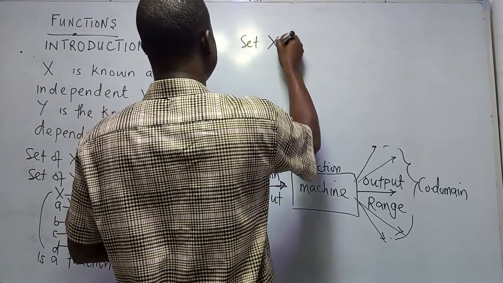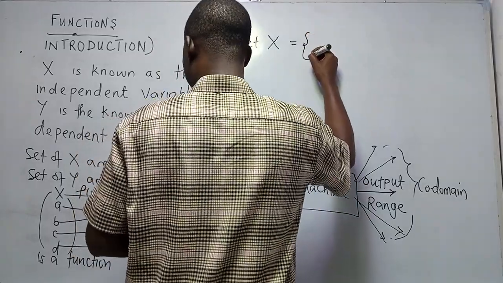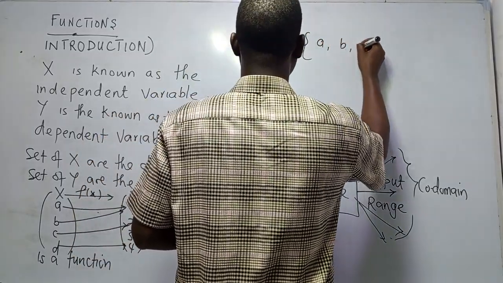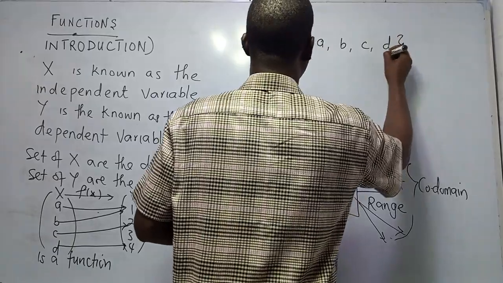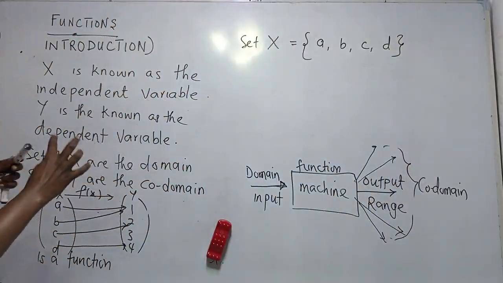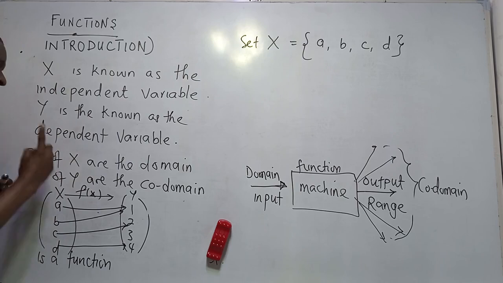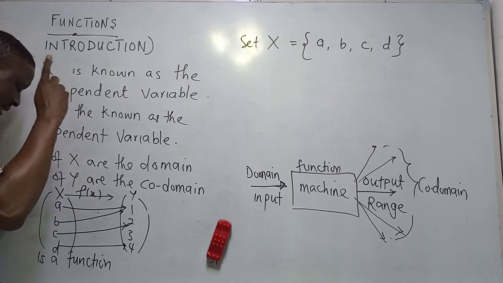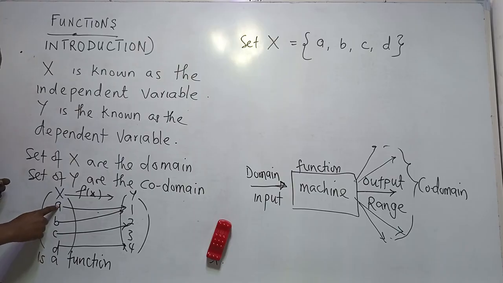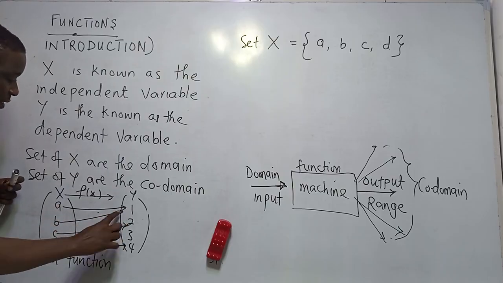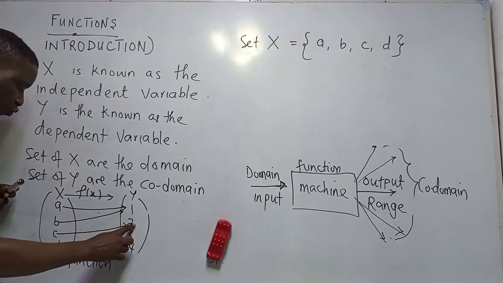So set X is equal to, let's say, A, B, C, D, and each of them is defined. This function is defined. Why? Each element of the domain has only one image. What is the image of A? 1. Image of B? 1. Image of C? 2.